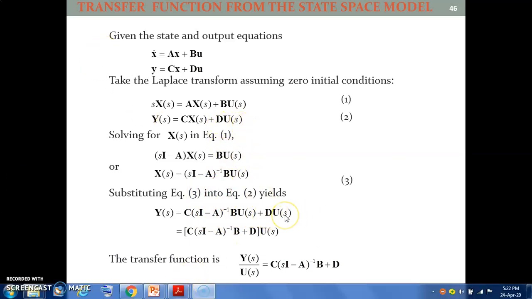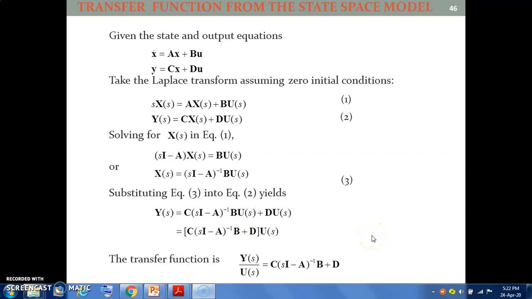U(s) is common to both, so take it outside: C into (sI minus A) inverse into B plus D, into U(s). What is the transfer function? Y(s) by U(s) equals the remaining term, that is C into (sI minus A) inverse into B plus D. So this is the expression for the transfer function from the state model.